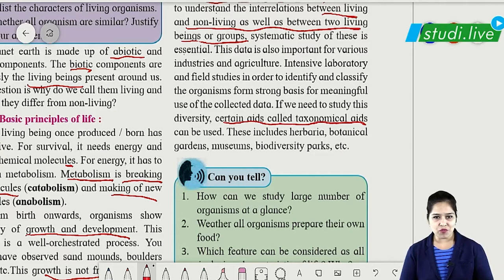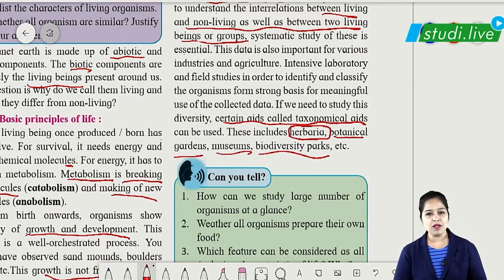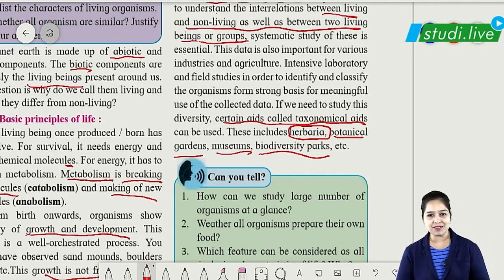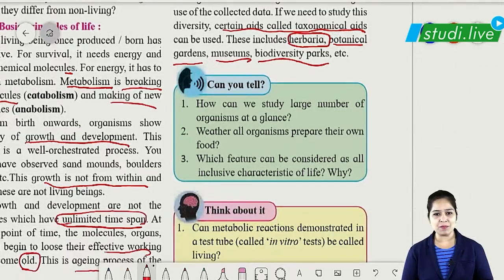The methods which we are going to use are called taxonomical aids, and they include: the first one is the herbaria, the second one is the botanical garden, the third is the museum, and the fourth is the biodiversity park. So we have these 4 topics which we have to cover in this chapter.